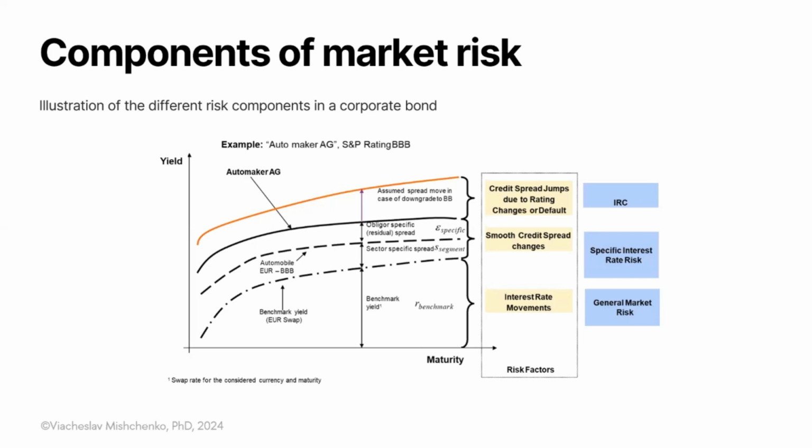Yeah, as interest rate risk is a part of the market risk overall. Then we can see, for example, the sector-specific spread. And in this case, for the automobile industry, this usually captures broader credit risk for the sector.